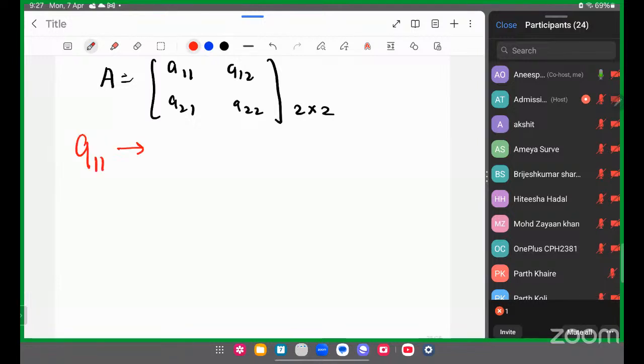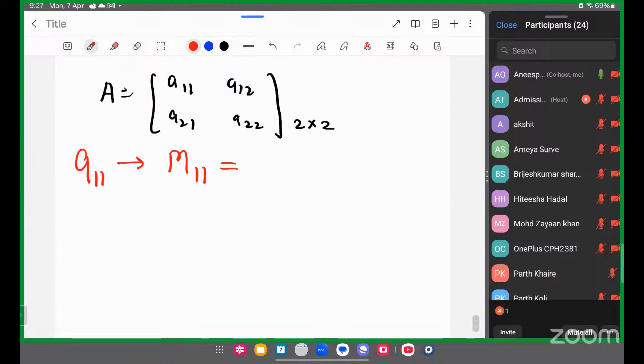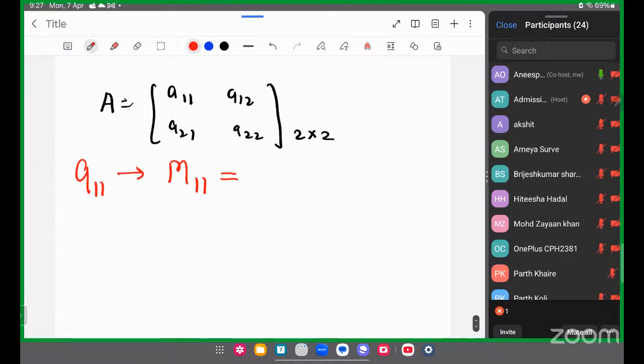So minor of A11 element will be given by M11, and to find out minor M11, you have to delete first row, first column. So if you delete first row, first column, you will have A22. So minor is A22.